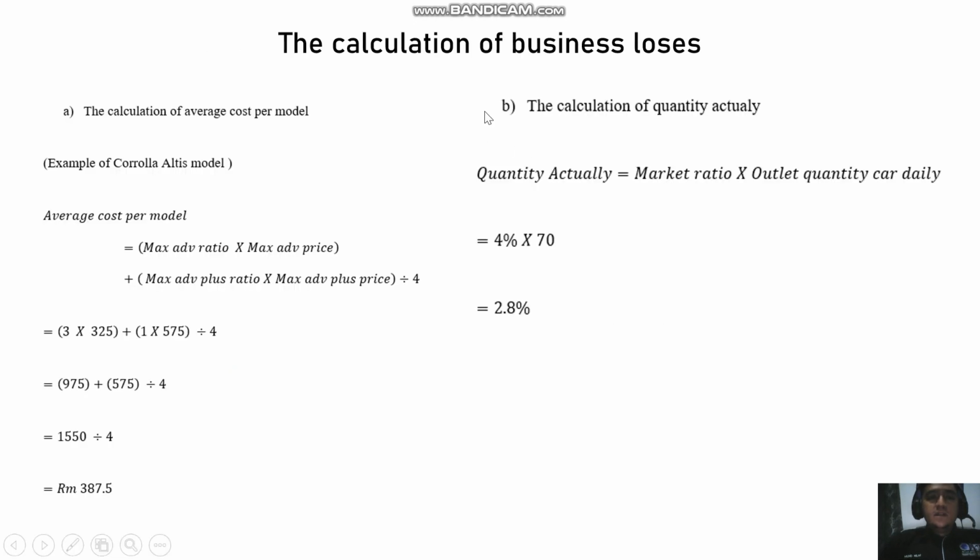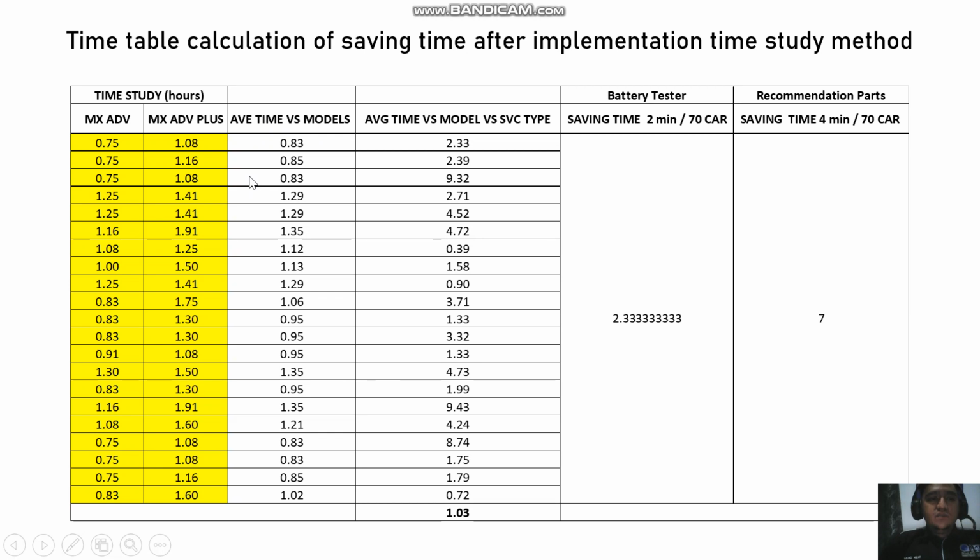Next is the calculation of business losses. A. The calculation of average cost per model. For example, the Corolla Altis model.